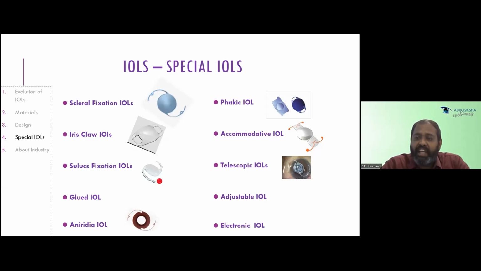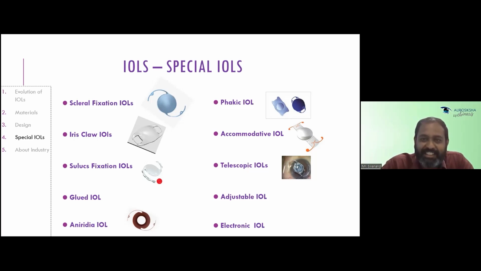Accommodative IOLs came into the market, but today you don't have very successful accommodative IOLs. Telescopic IOLs, light adjusted IOLs, and electronic IOLs are some of the things of the future, which are yet to come. I just put it here so that when this becomes a reality, you can say, no, I have heard it somewhere.